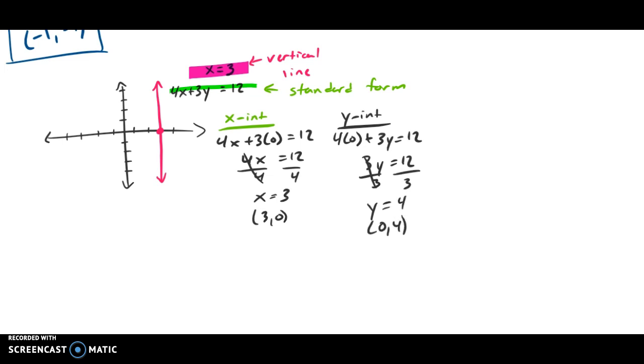You plot both points. You connect them. And your solution is here at 3, 0.